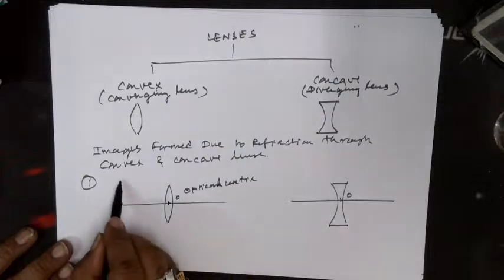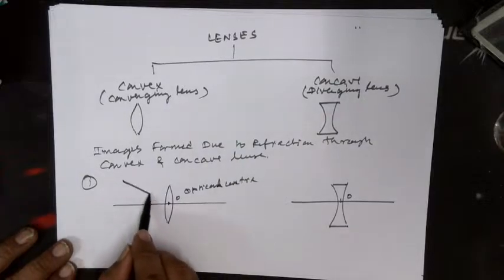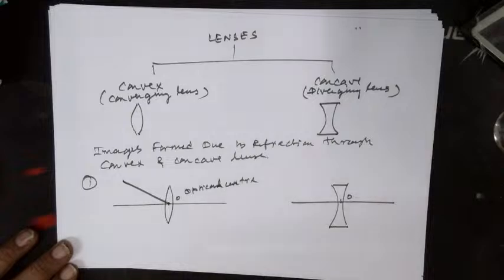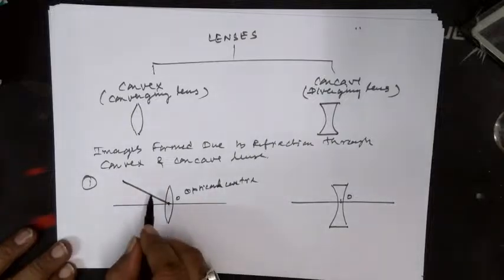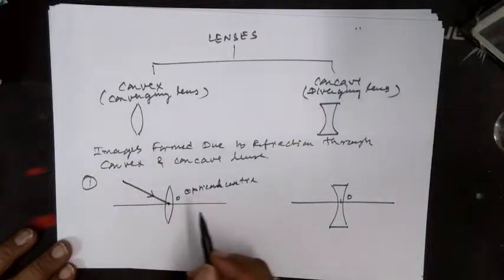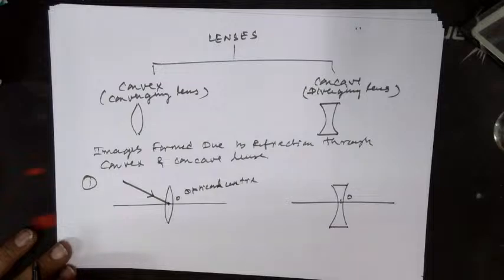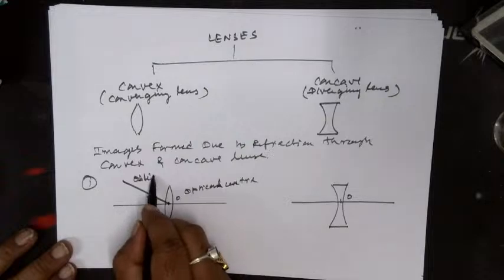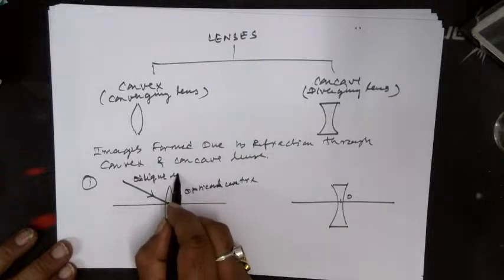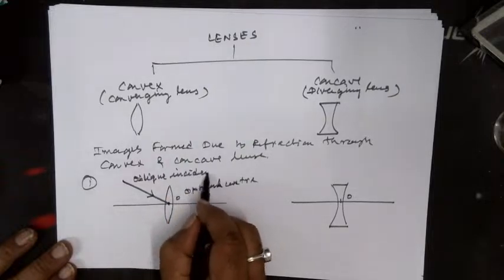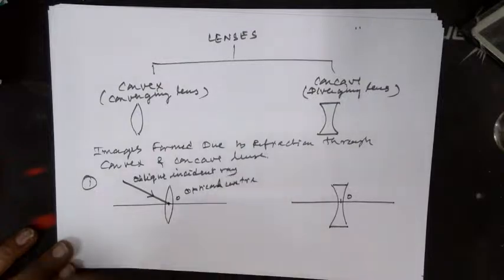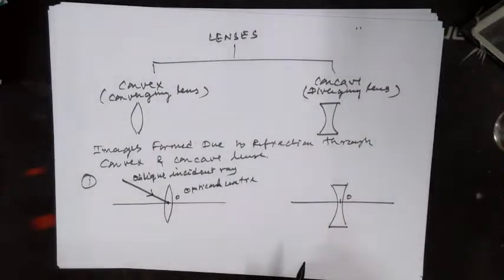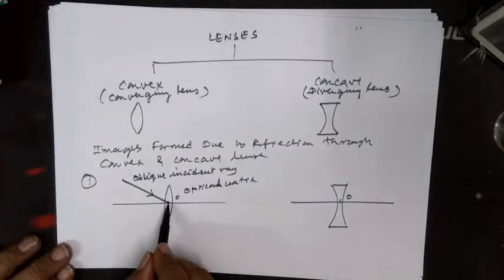When the incident light falls on the optical center, when it passes through the optical center obliquely, the oblique incident ray has no deviation.